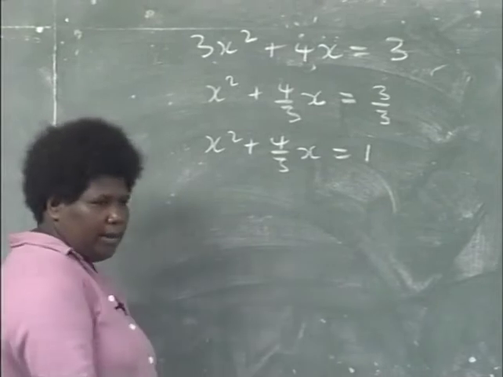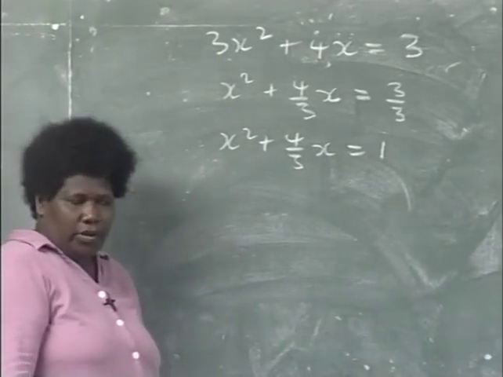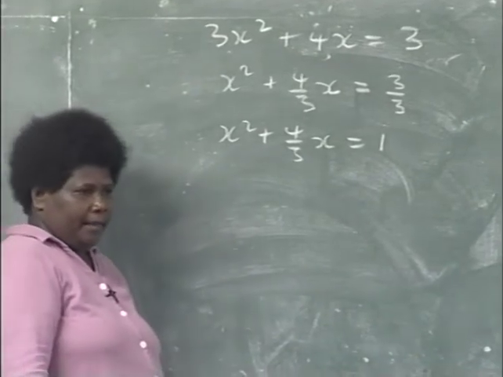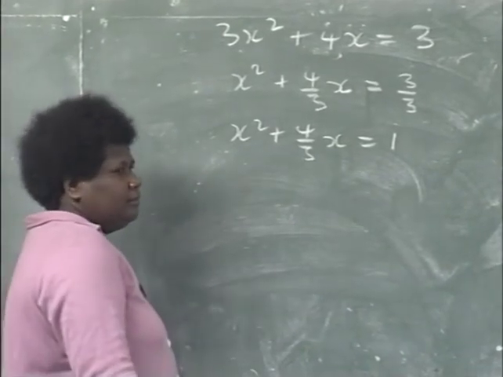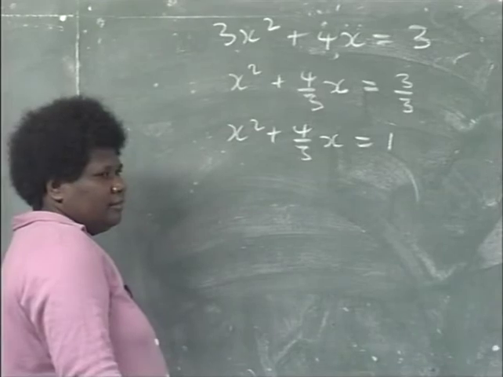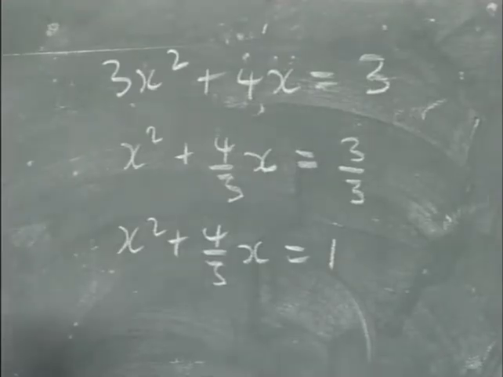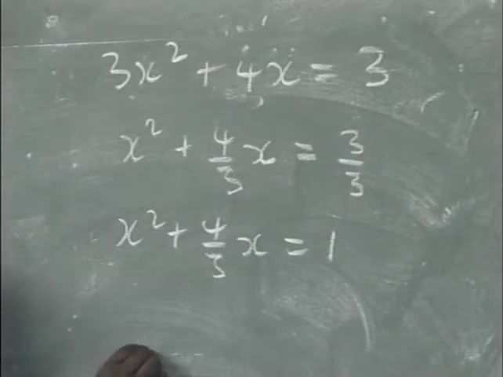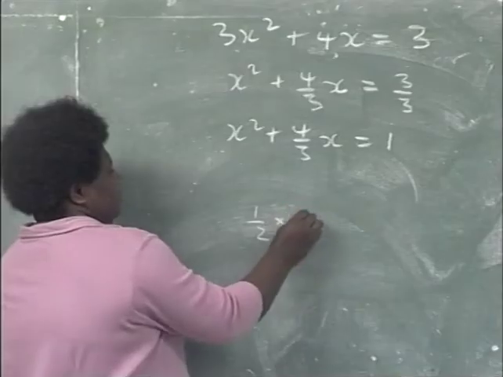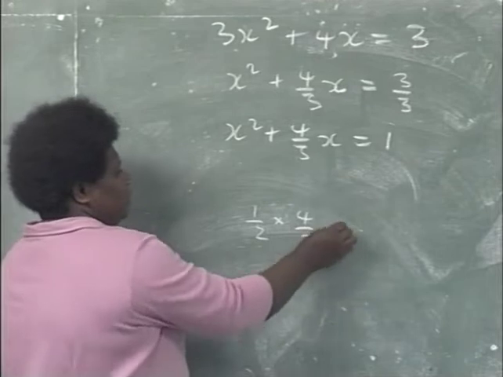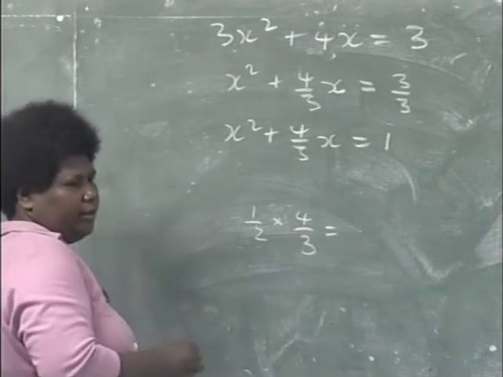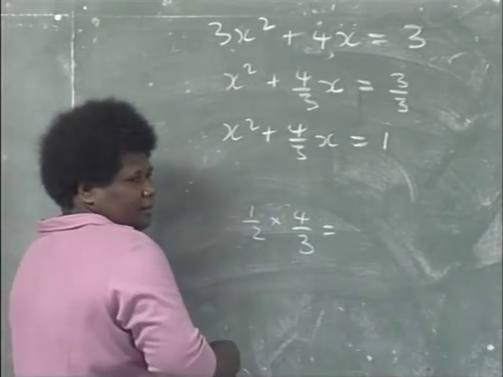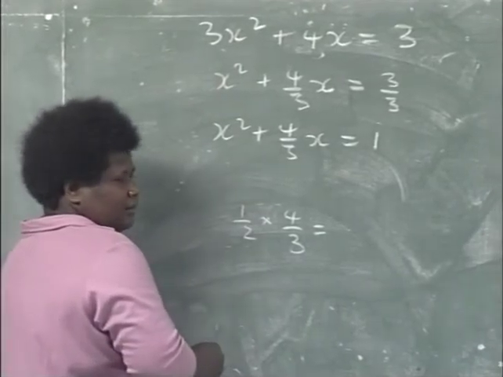Okay, tell me, Taumaku, what is half of 4 on 3? Quick. As a fraction. Half of 4 on 3 as a fraction. Taumaku, what do you see on the board? 2/3.